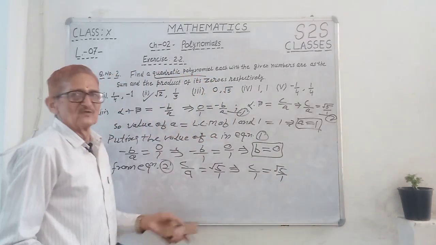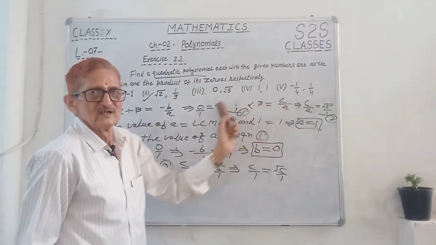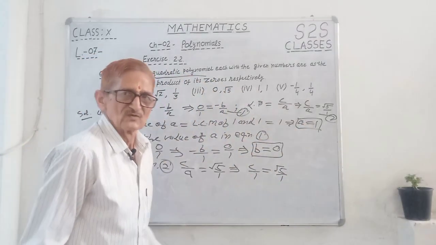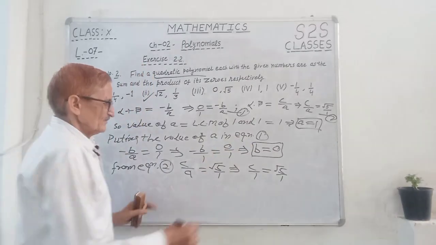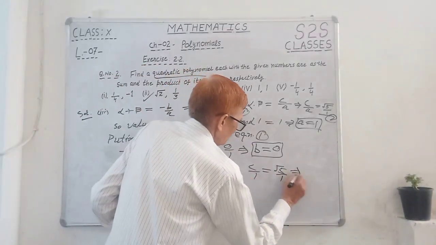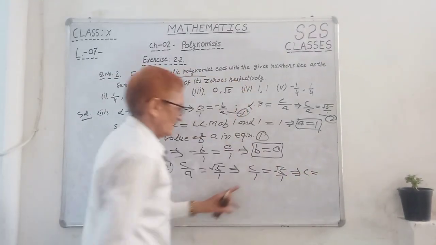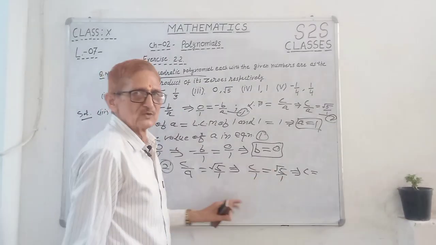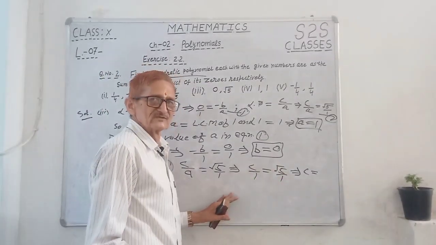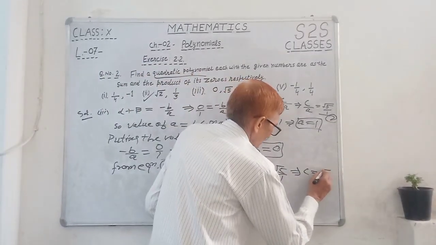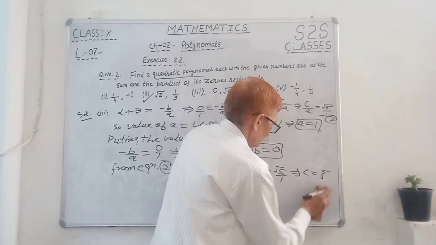Put a is equal to 1 because a put in each equation to find the b and c. Okay, now this c equal to, from here denominator same, then c equal to root 5. By cross multiply we can solve here. Okay, c is equal to root 5.